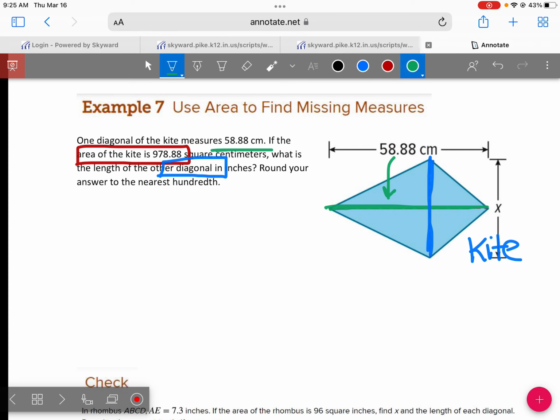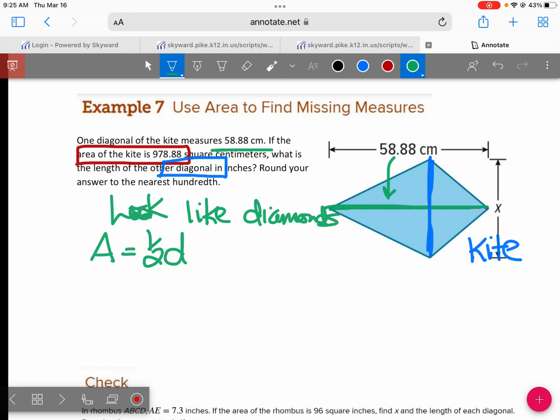Shine bright like a diamond. So remember, they look like a diamond, and so remember the D from diamonds, we're going to use the formula with the diagonals. That is area equals 1/2 times the diagonal sub 1 times the diagonal sub 2.